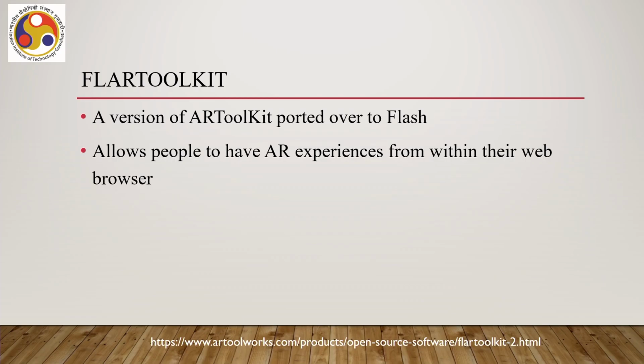Now, let us look at the Flower Toolkit. It is a version of AR Toolkit ported over to Flash. It allows people to have an AR experience from within their web browser.